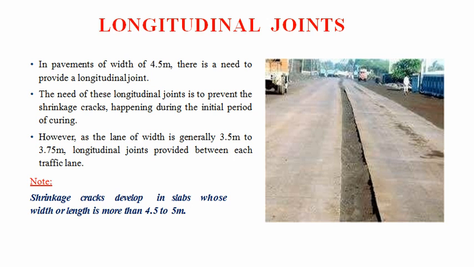The need for these longitudinal joints is to prevent the shrinkage cracks caused during the initial period of curing, that is, the heat of hydration generated when the cement comes in contact with water at the time of casting the concrete on site.